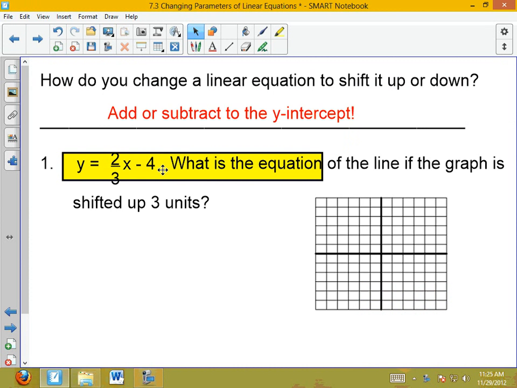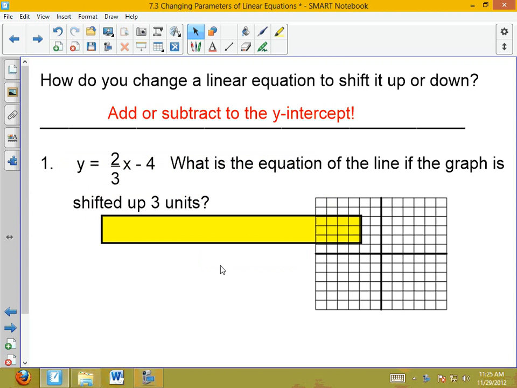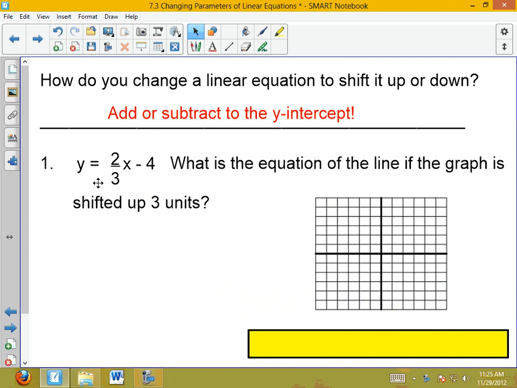Well, let me go ahead and graph this equation right here, and then we'll answer that question. I graph this equation by first putting a dot at the y-intercept, which is -4. 1, 2, 3, 4.